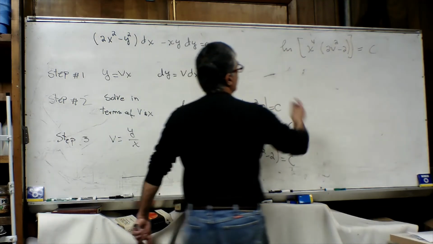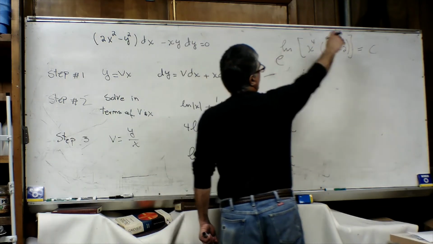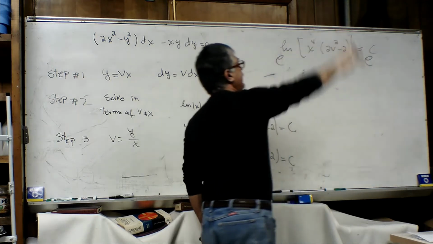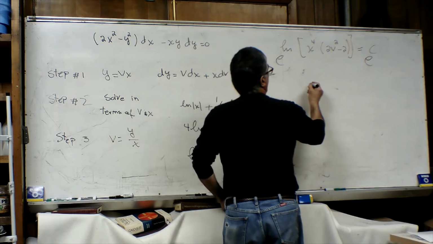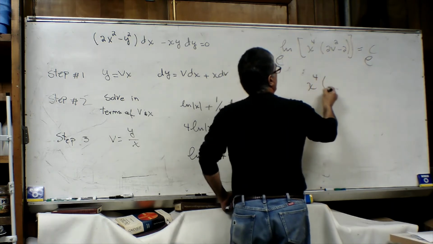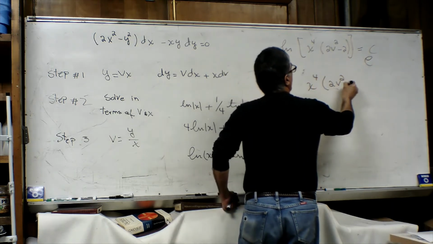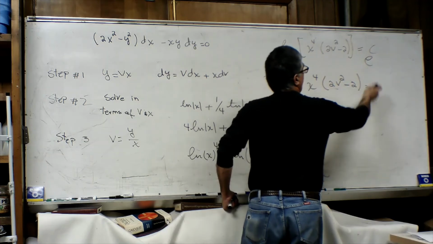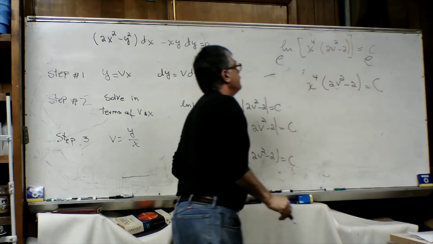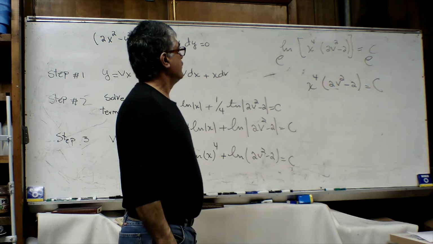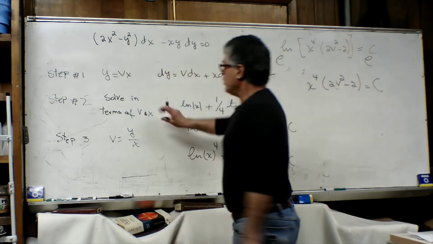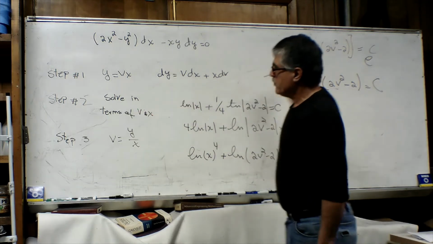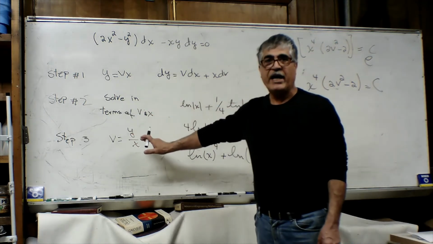So let's write this as e to power of that, e to power of c. On the left side we are going to have x to power 4 times 2v squared minus 2 equal to, again, a constant. Now we have finished step number 2, in which we solved this problem in terms of v and x.